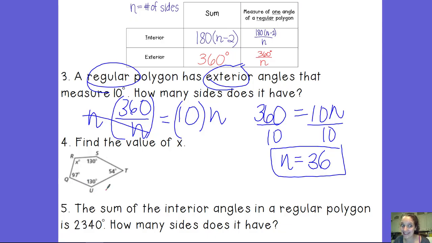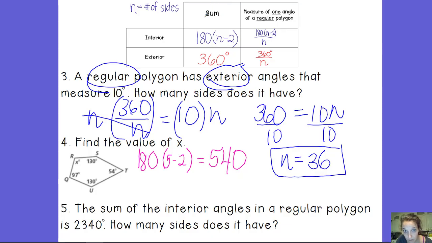So the only equation I have is the sum, the total. To figure out what that total is, I'm going to use this formula. This polygon has 1, 2, 3, 4, 5 sides, so it's a pentagon. It's not a regular pentagon, so it looks kind of weird, but the total is 540.